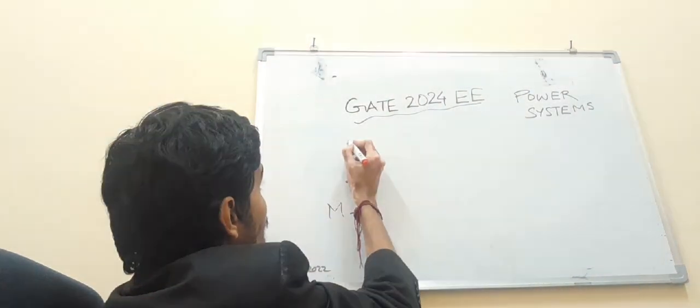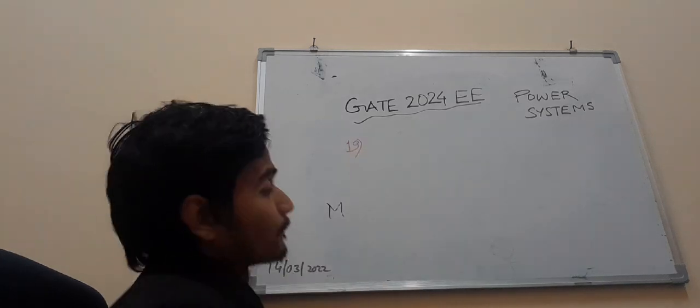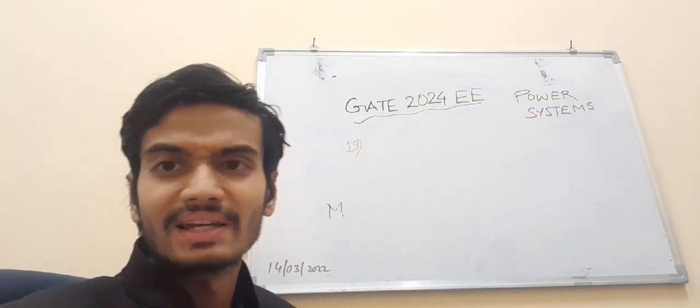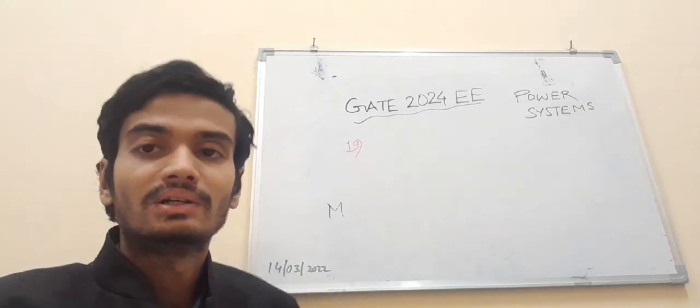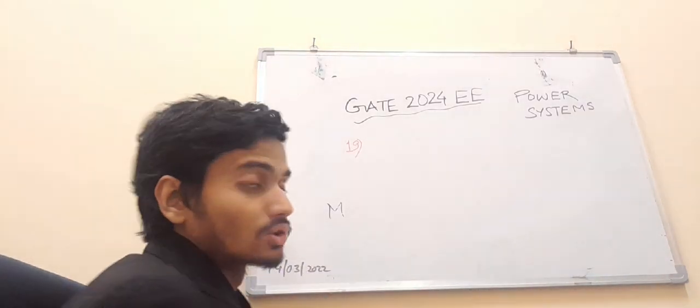The question was like, question number 19, single line diagram of a power system is given. सिंगल लाइन डायग्राम दिया हुआ है पावर सिस्टम का, जो कि कुछ इस प्रकार है.